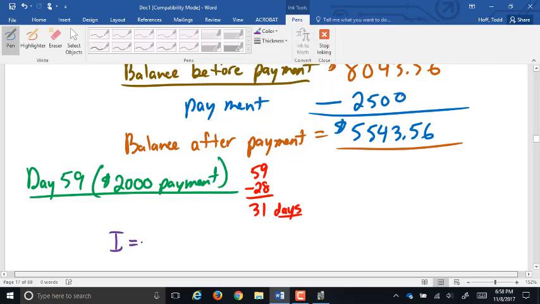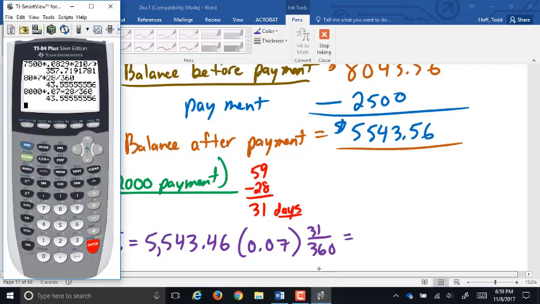What's our principal? Perfect. That balance after the payment of $5,543.56. Our rate is still 0.07. Now it's 31 days over 360. What's that?